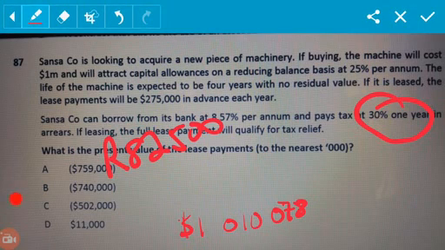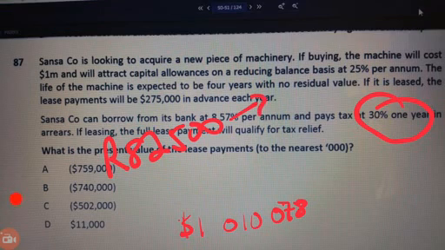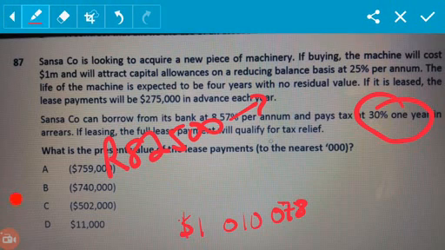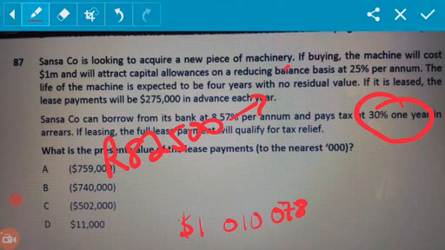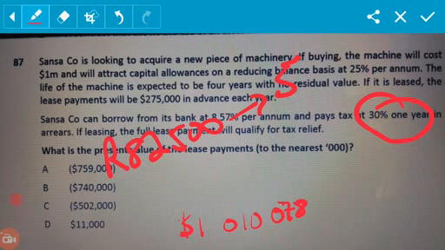This tax rebate or tax allowance occurs for 4 consecutive periods.